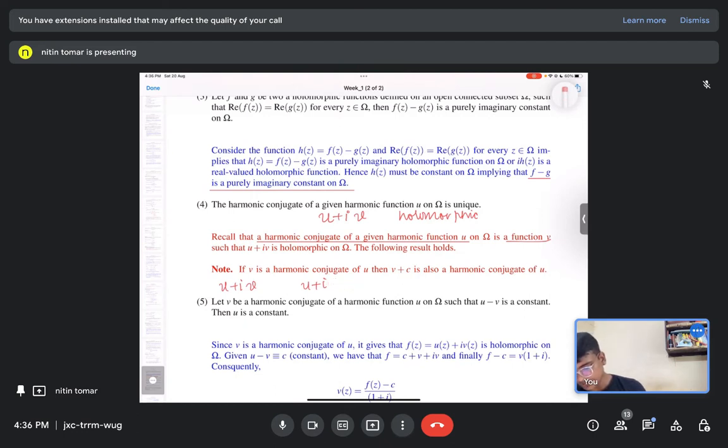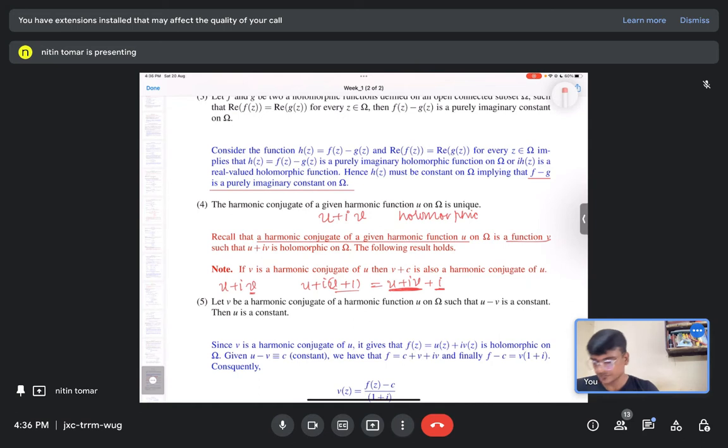Instead of V, you choose V plus 1. Then U plus iota times (V plus 1) is holomorphic because we have chosen V to be a harmonic conjugate, and you're adding one constant. So harmonic conjugate is not unique.